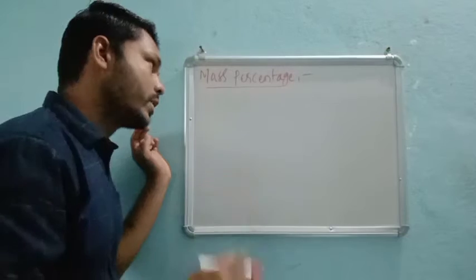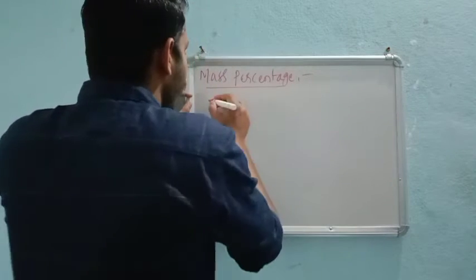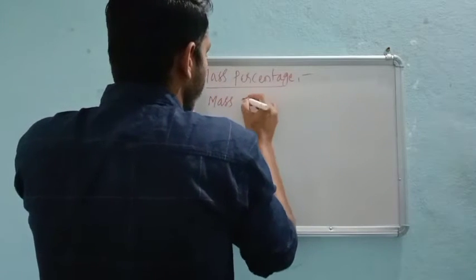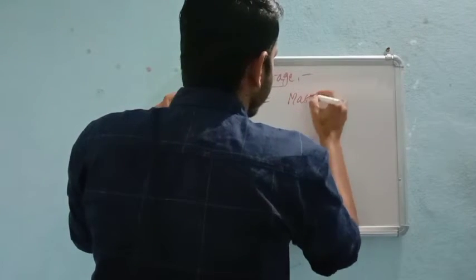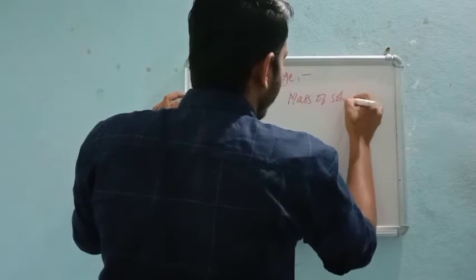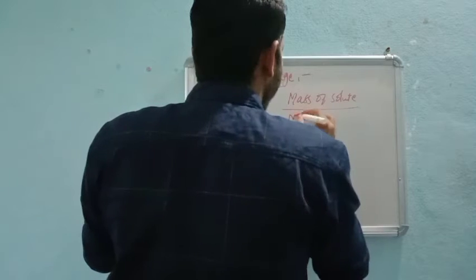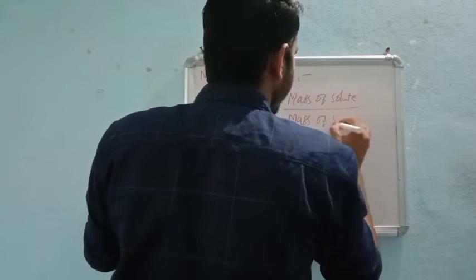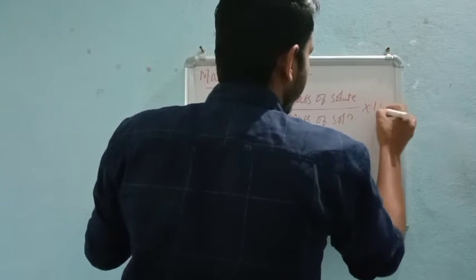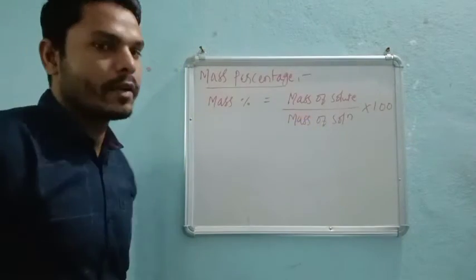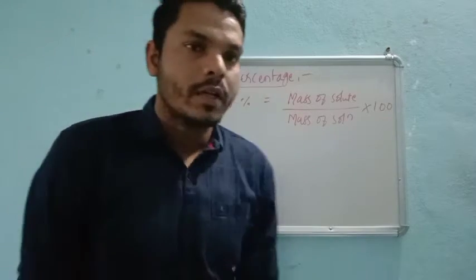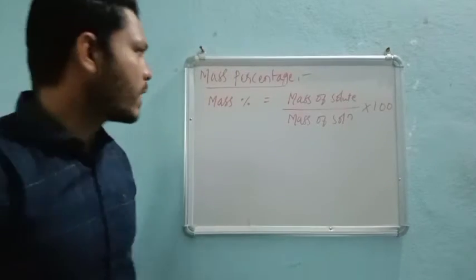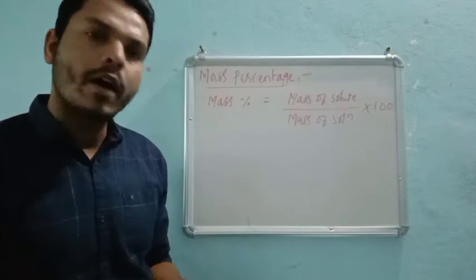Mass percentage is equal to mass of solute, very important, divided by mass of solution, and we are calculating it in percentage, so you multiply that with 100.